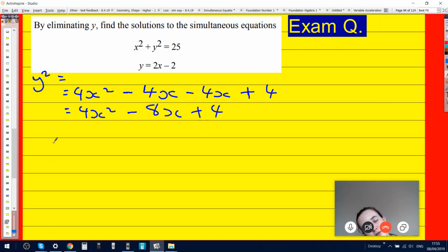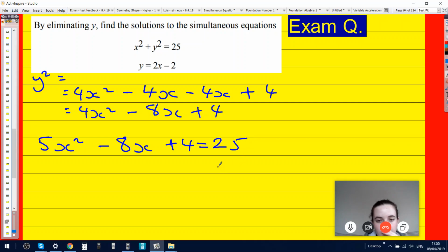So then x squared, no wait, 5x squared minus 8x plus 4 equals 25. So then minus 4, 5x squared minus 8x equals 21.